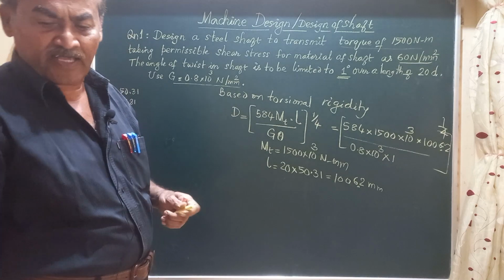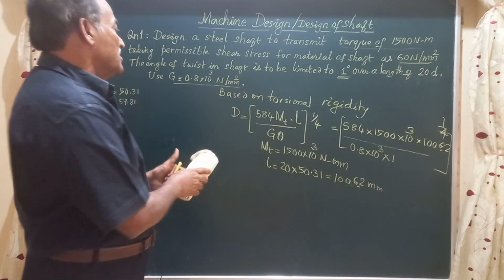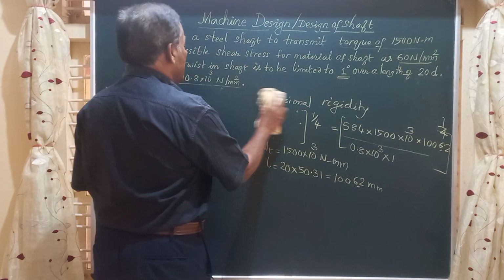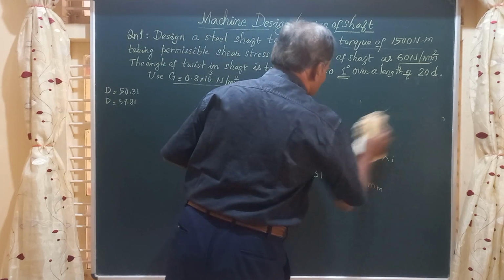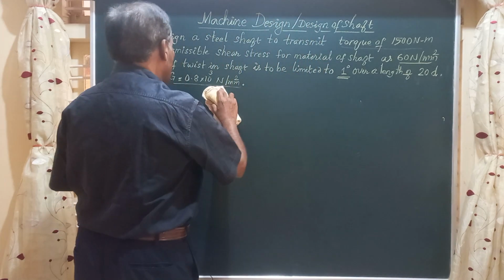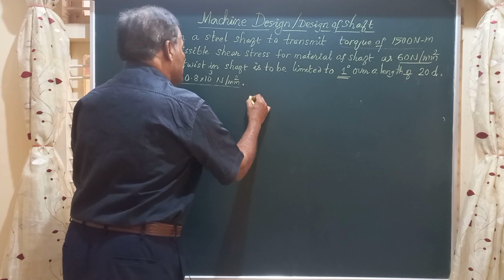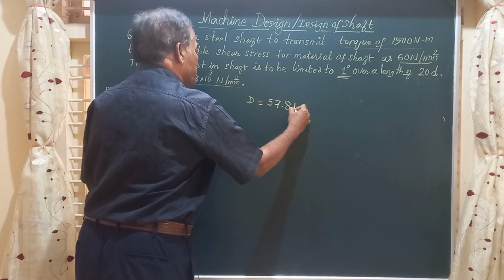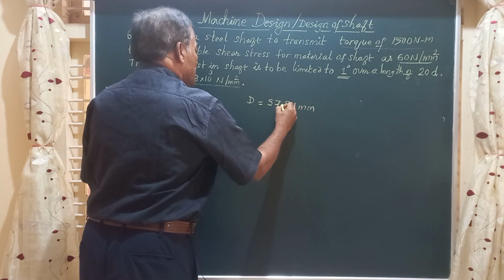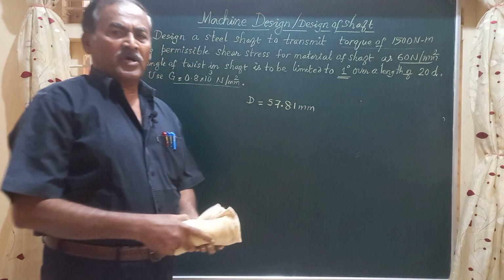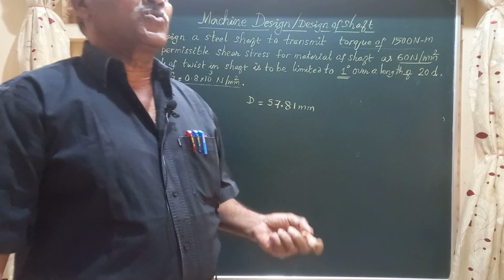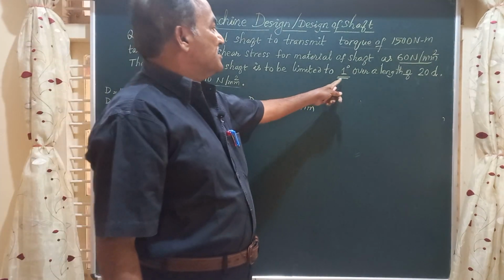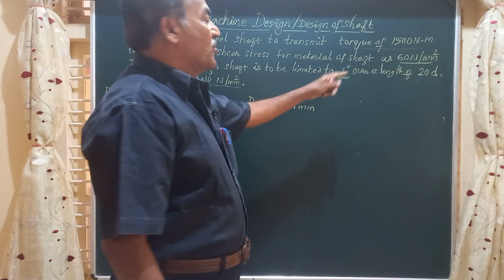Friends, if you simplify this, you are going to get the value of this D based on torsional rigidity as D equal to 57.81 mm. Friends, this is the value of D required to limit the angle of twist in the shaft to 1 degree.